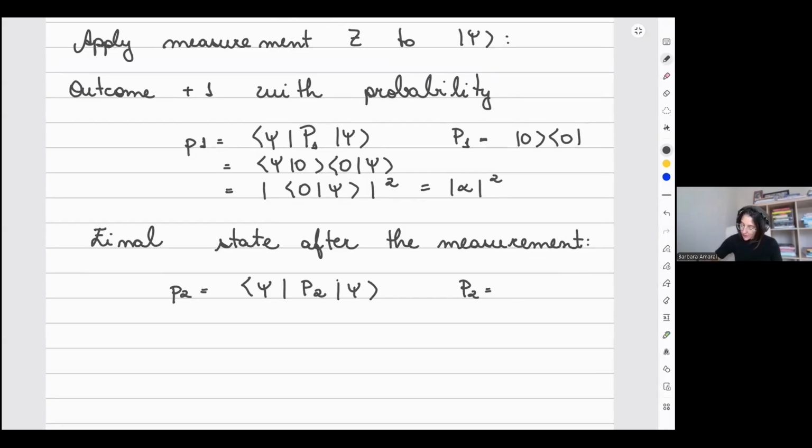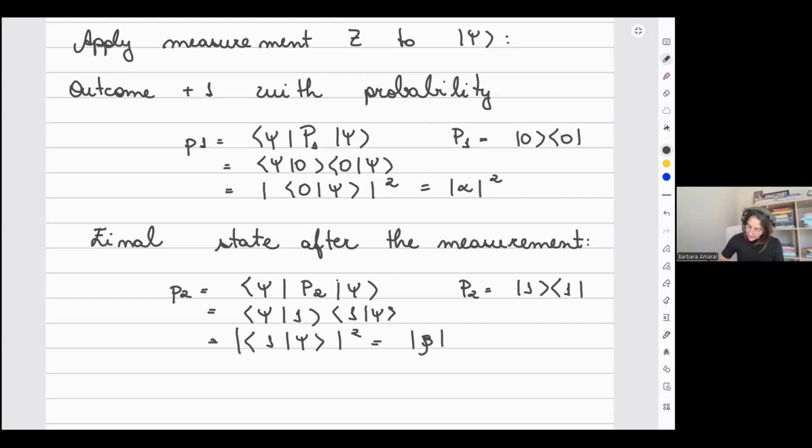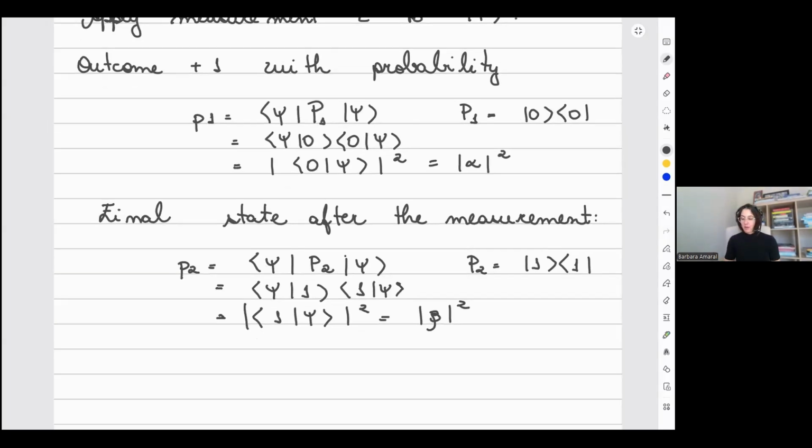P2 is 1, 1. And the same thing here. Psi 1, 1 psi, which is modulus of 1 psi squared, which is modulus of beta squared. Okay?